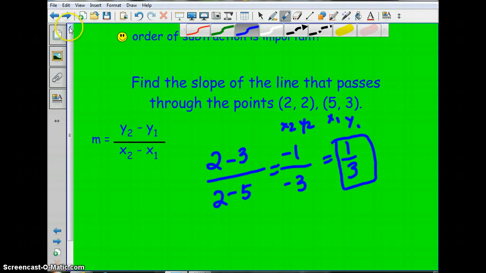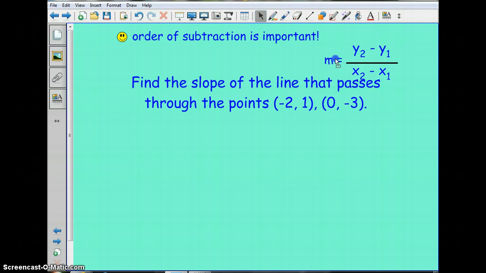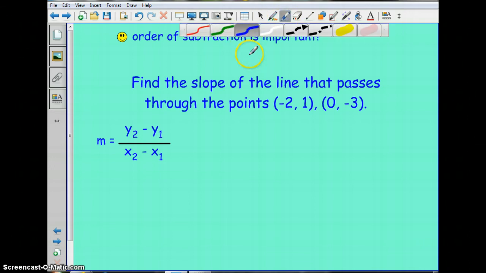Let's try this again. Again, we're using the same formula. M equals y sub 2 minus y sub 1 over x sub 2 minus x sub 1. And you better get that memorized too. I'm going to make you memorize it. So again, identify your x sub 2, y sub 2. I just always pick the first one. I'm not too picky. But you'll get the same thing. Trust me, you'll get the same thing.